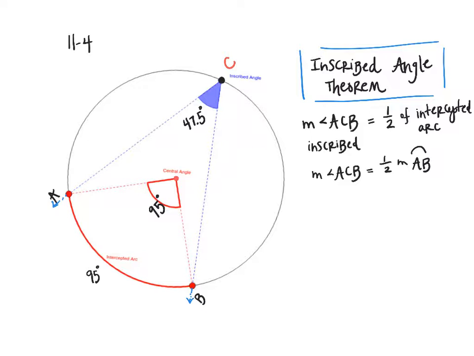Now you do have a corollary that goes along with this inscribed angle. Let's say I have another inscribed angle. I'm just going to draw a different angle here, in blue. I'm going to put a vertex on the circle, and then I'm going to draw in my angle.